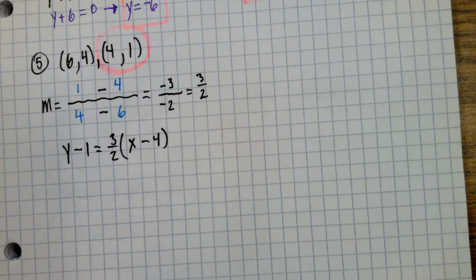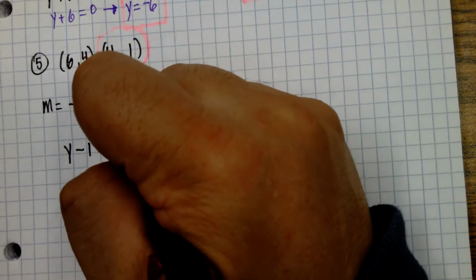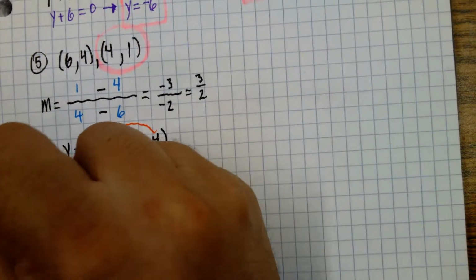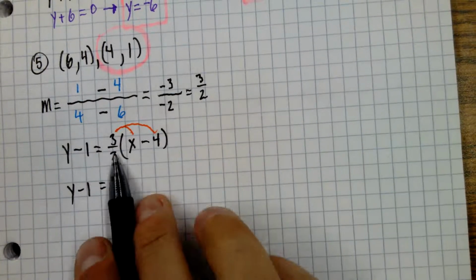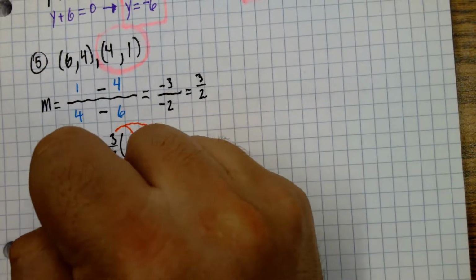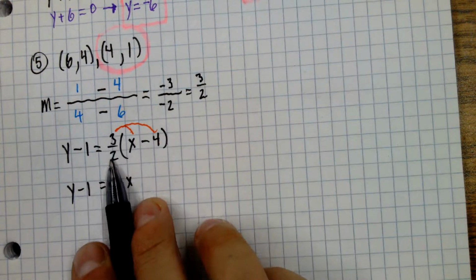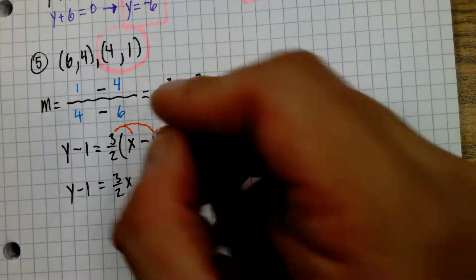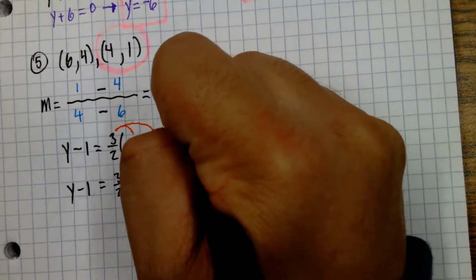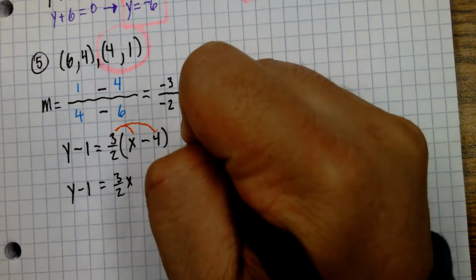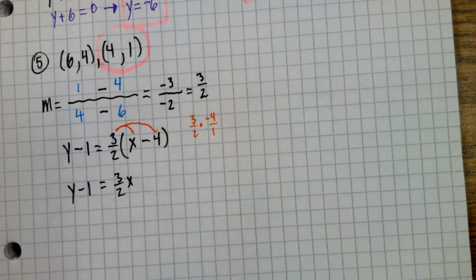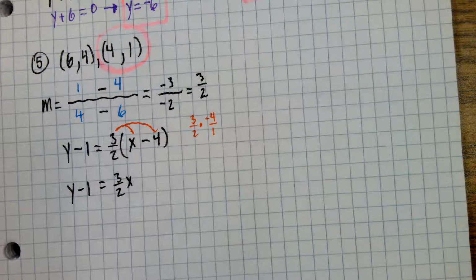And we're going to distribute. So we're going to multiply through by 3/2, and we're going to get y minus 1 equals 3/2 times x. And then we're going to multiply 3/2 times -4. I'm going to just do the side work here. Think of it as -4 over 1. Question is, can I cross cancel?